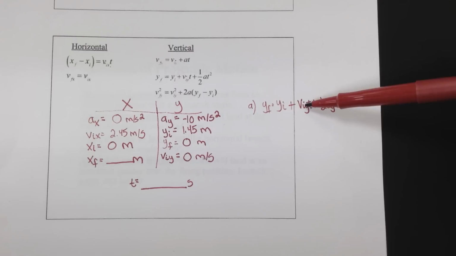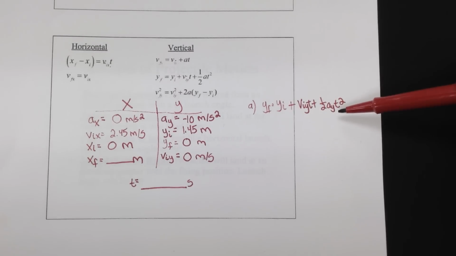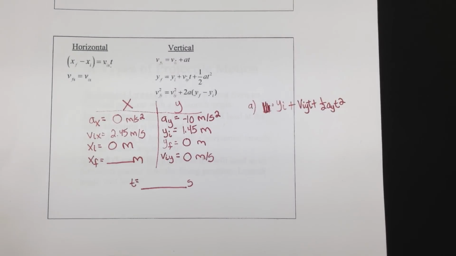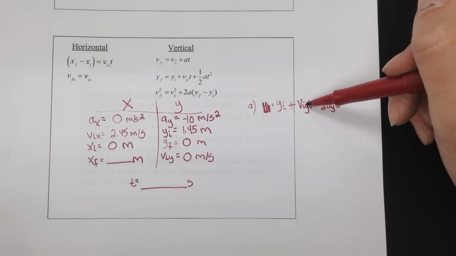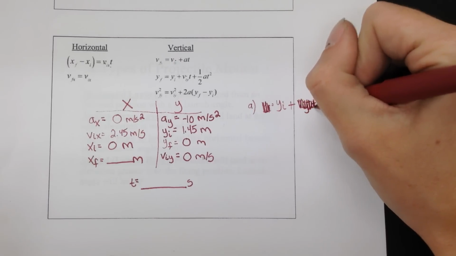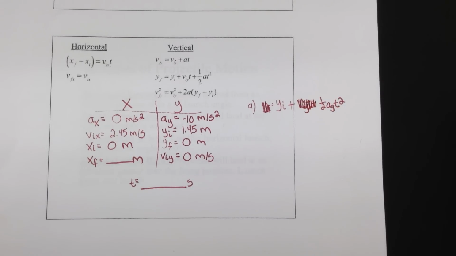So my initial velocity, I have VIY. My A, I have the subscript of Y, because we are talking just the Y direction here, the vertical direction. Now, just like kinematics, get rid of your 0 stuff. So Y final is 0, and your VIY is 0, and 0 times anything is 0, so this whole chunk is gone.